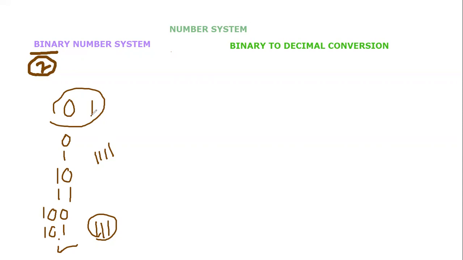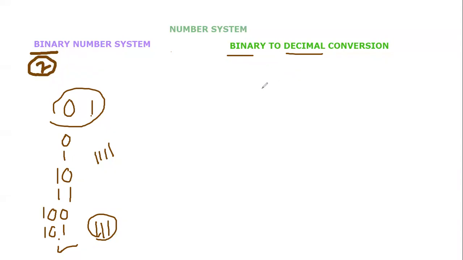The next thing: we know a number in the binary system is given, and we need to know its equivalent decimal. How can you convert a binary number into a decimal number? For that purpose, we need to calculate the weight of every position.